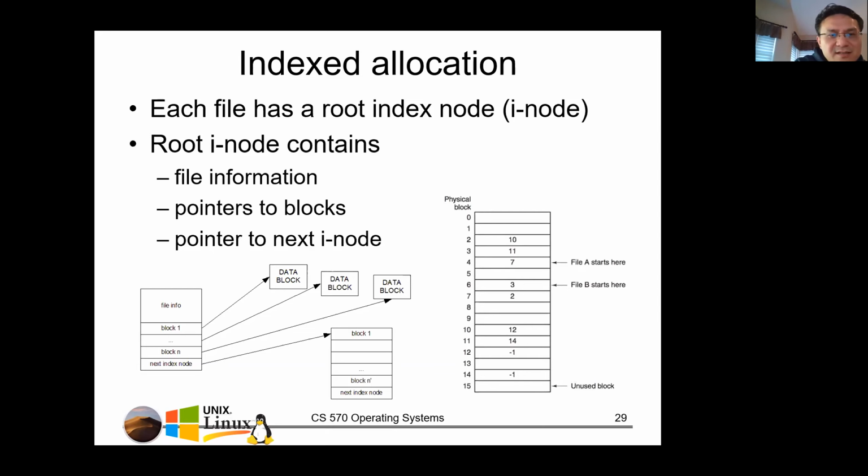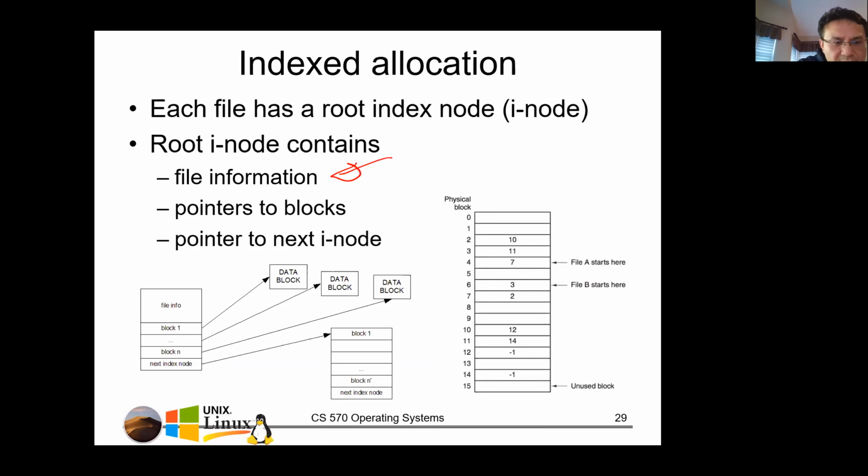And so that's the file information part, right? And also, this inode has a collection of disk addresses of the file's blocks. Okay, so the inode has a collection of disk addresses of the file's physical blocks. These are pointers to the blocks.